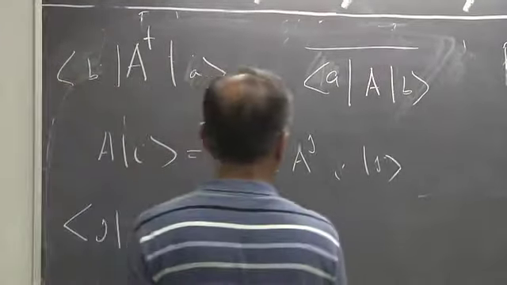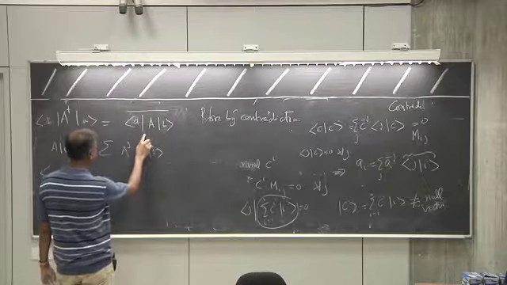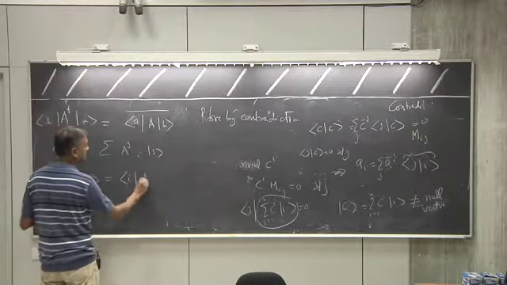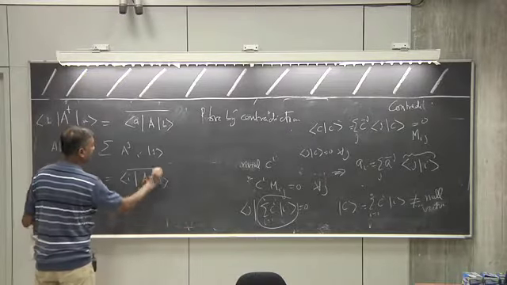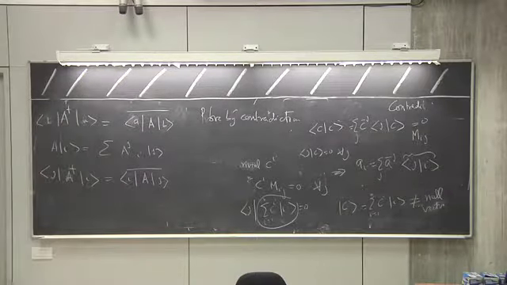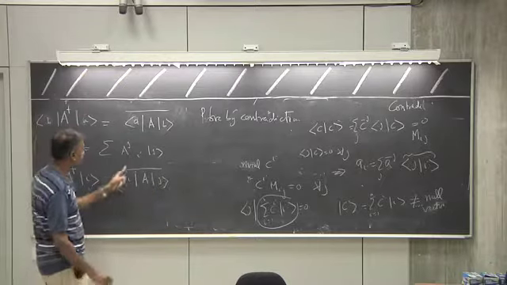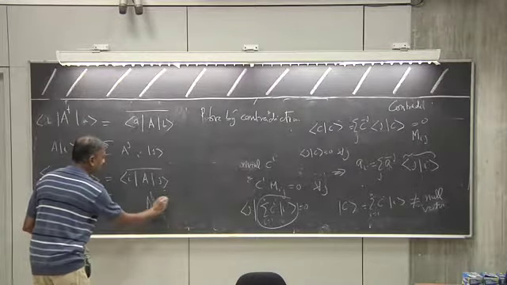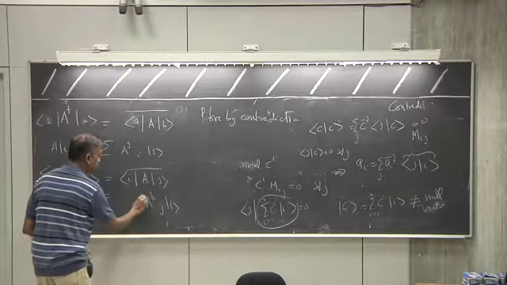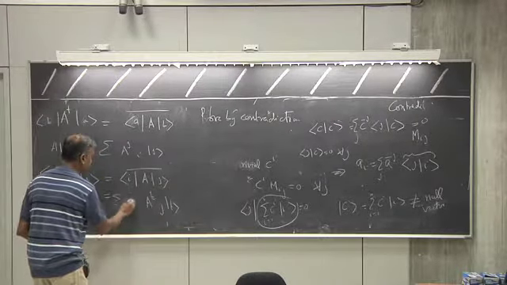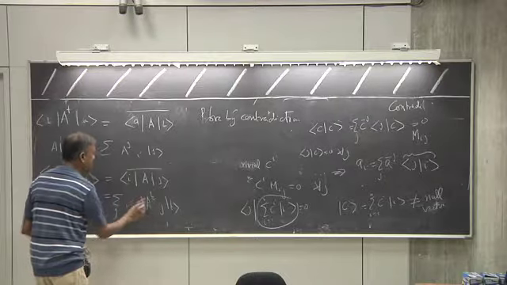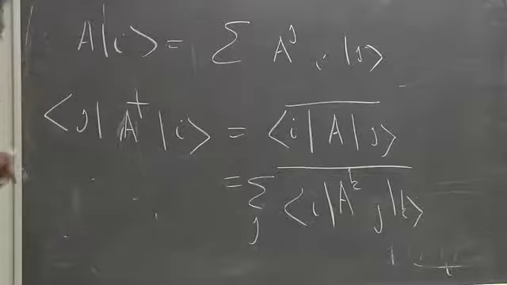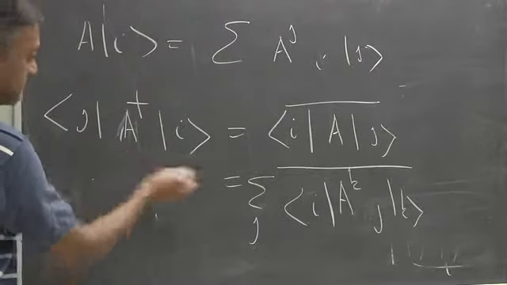Well, by this definition, you have to exchange e_i and A e_j, and then take the complex conjugate. But A acting on e_j is simply the sum over k of A_kj e_k, and here you have e_i, and then I have to take the complex conjugate of that. Similarly, whatever this object is, this is the right hand side.